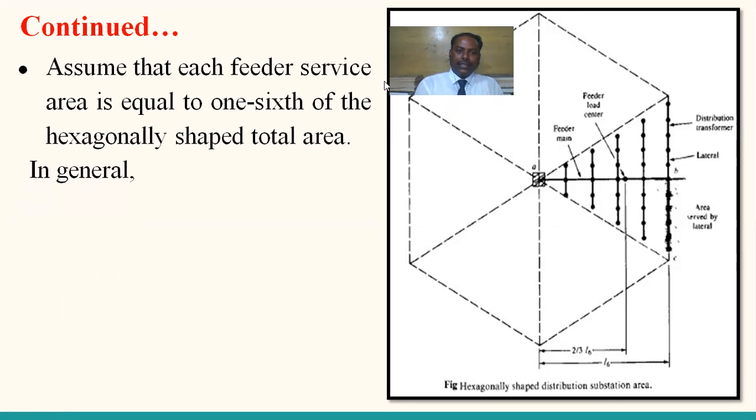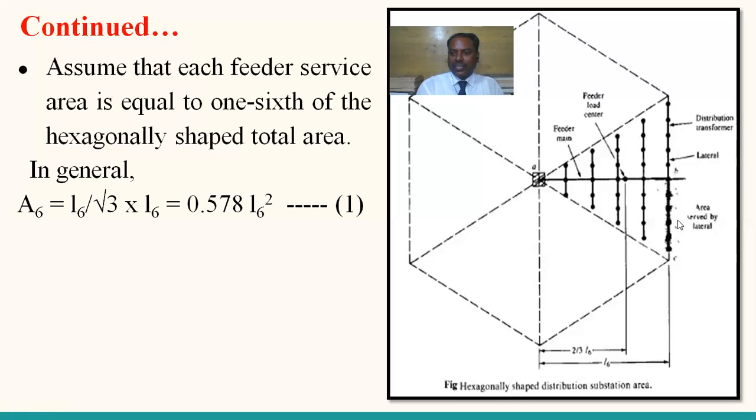Consider the area of this particular one. See here how the area is to be calculated. This service area seems to be a triangle, and the center of the service area is at the height of the load center.